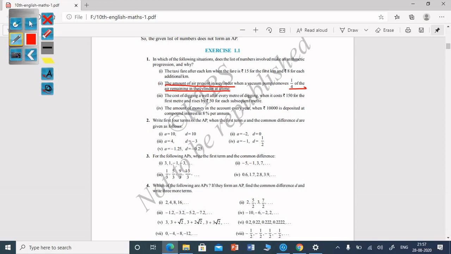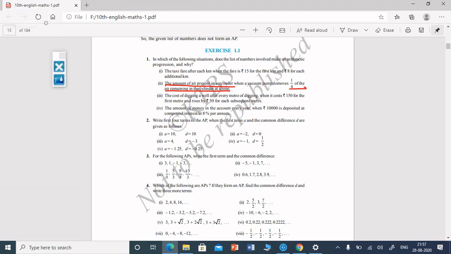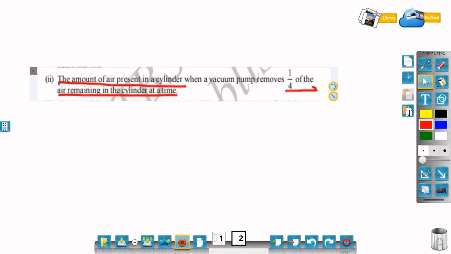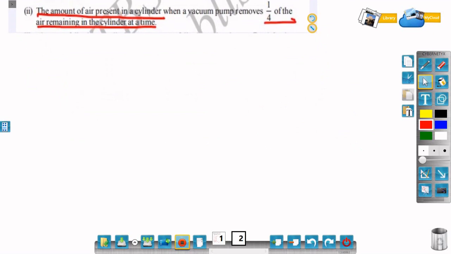Now let us write the list of numbers for this situation. The amount of air present in the cylinder: we don't know at the initial stage what the amount of air present in the cylinder is.